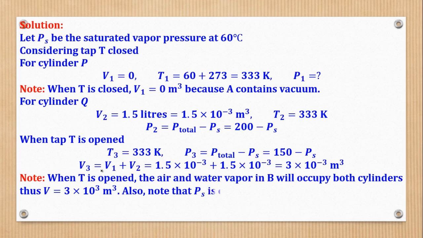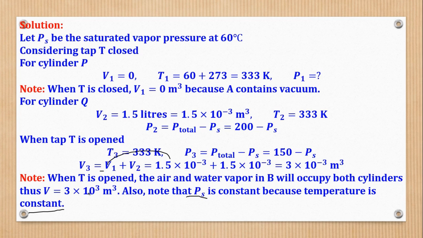So this was giving the reason why this V1 is now 1.5. Also know that PS is constant because of the constant temperature bath.